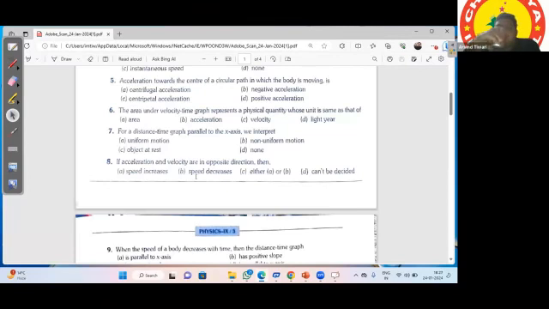Sir, which question? We are at question 8. Can you tell, if acceleration and velocity are in opposite directions, then what will happen?